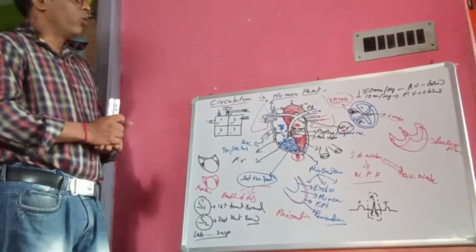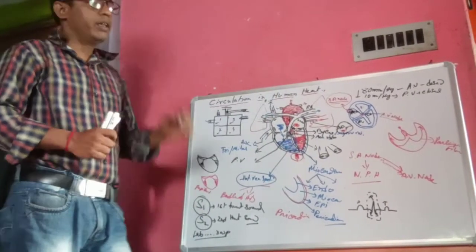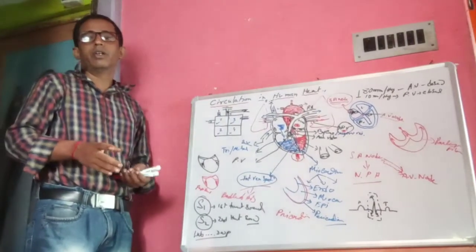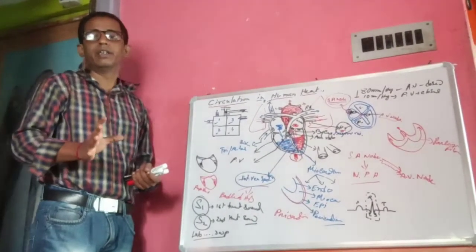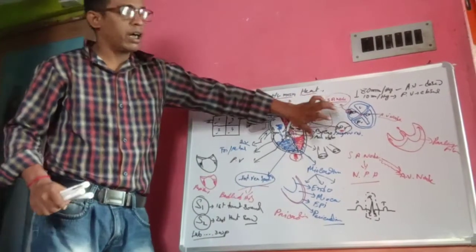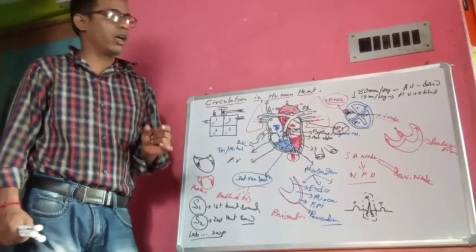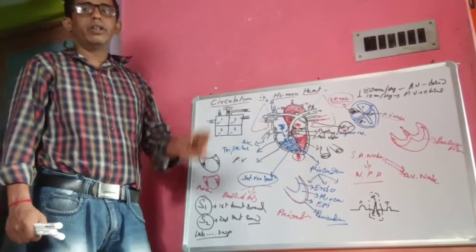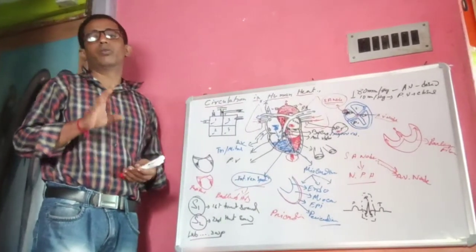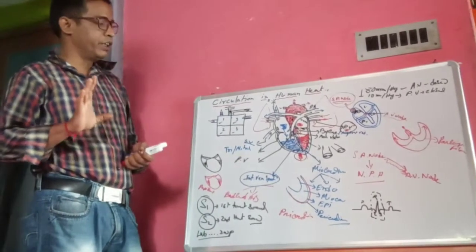Now, when we graphically represent the electrical impulse on paper, this is called ECG. What is ECG? Listen carefully. The electrical impulse generated in the heart, when represented graphically on paper by a machine, we call it ECG.